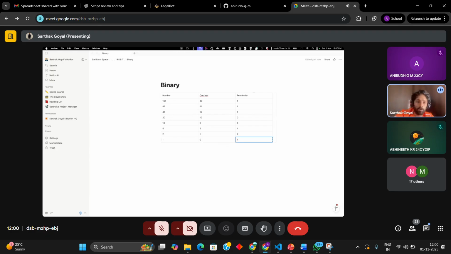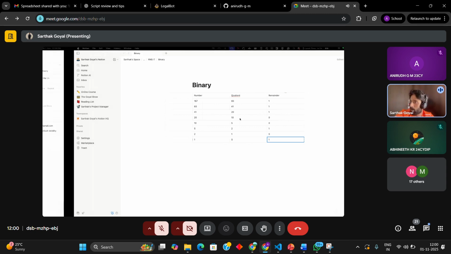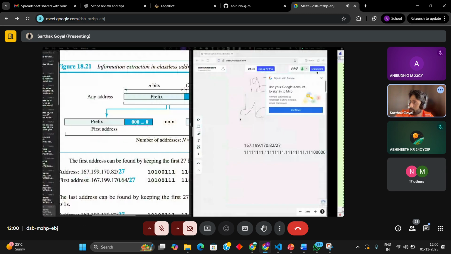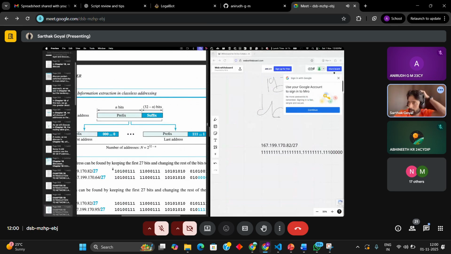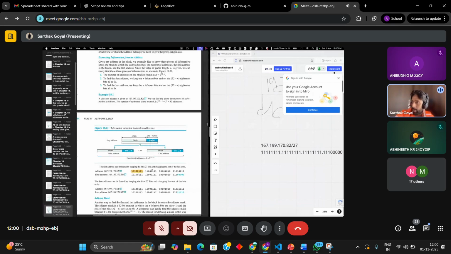So 1, 0, 1, 1. All right, let me just see the chart as well. Okay, cool. So once you have divided all these octets into binary, you'll get these values. This is the value you should get.